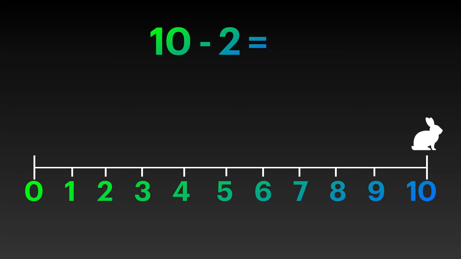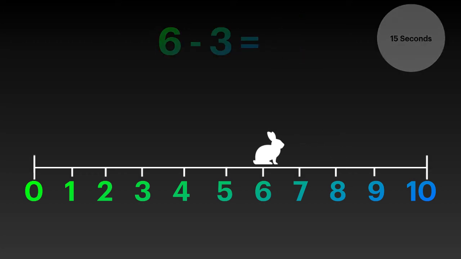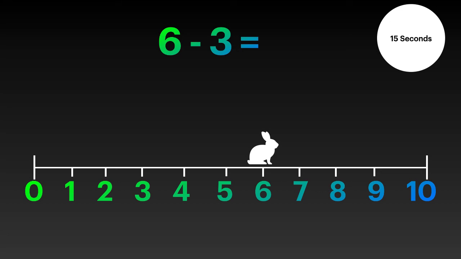That's your time up. So let's check your answer. Let's take away 2. 1, 2. And the answer is 8. Good job. Last question. 6 take away 3. Here you go.